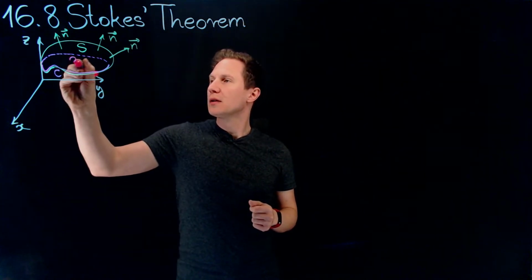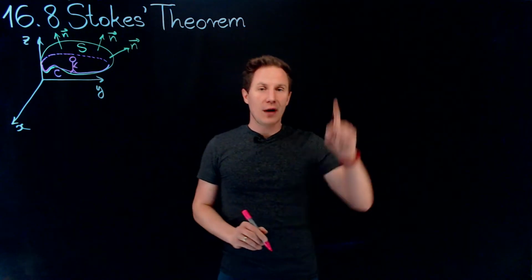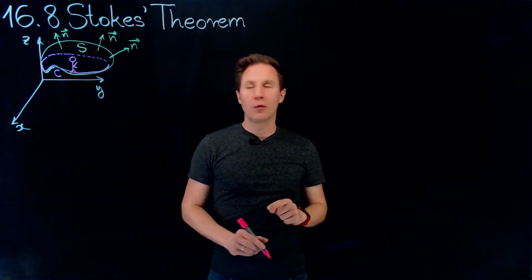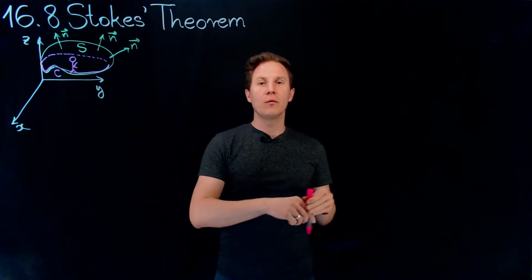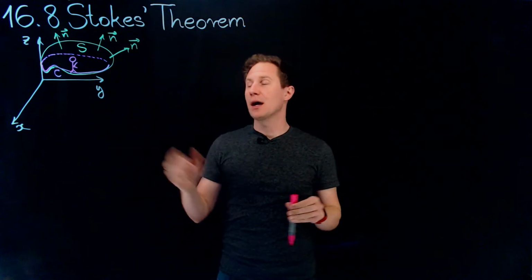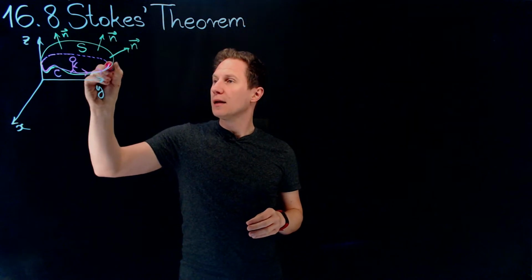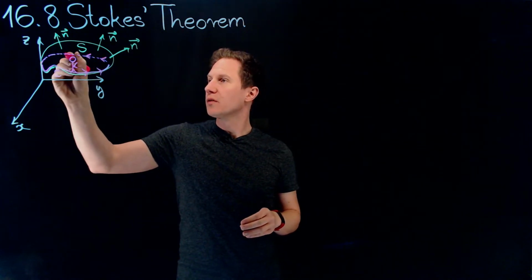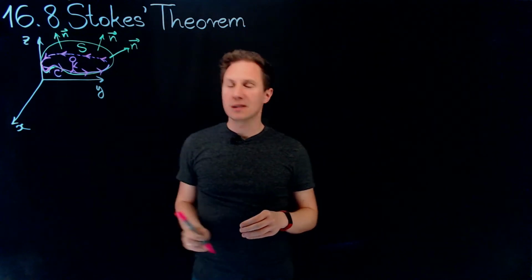You imagine that you stand on that boundary curve with your head pointing in the direction of the normal vectors, and you want to walk along that curve so that you always have the surface on your left side. And in this case, the way to do that is to walk that way, in that direction. So this will be the positive direction for our boundary curve C.